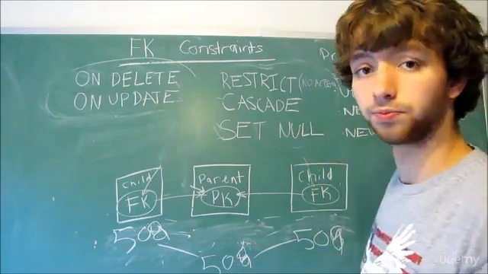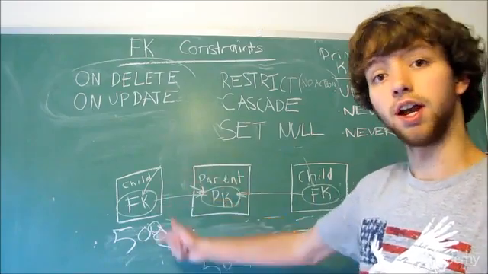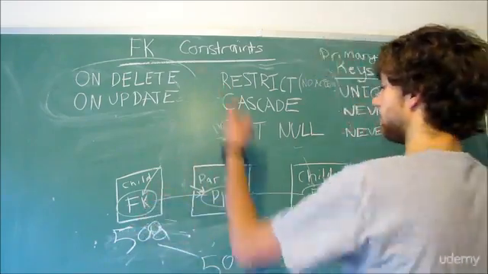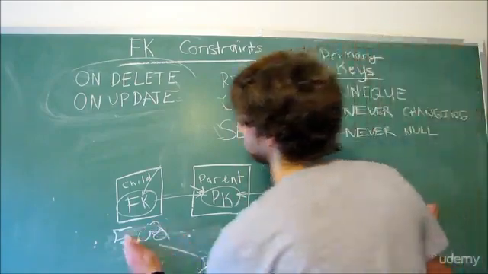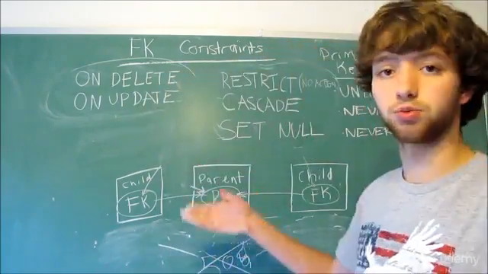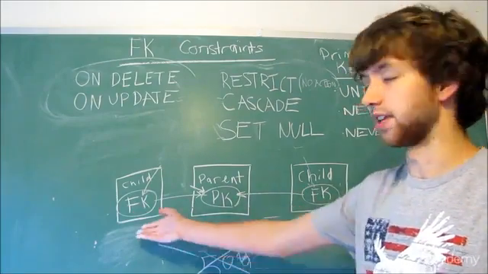Finally, we have set null. What that'll do is set the children as null for that specific value. So if we deleted the parent, this is just going to get rid of the value. The row should still exist, but the actual foreign key reference no longer references anything. It's empty.